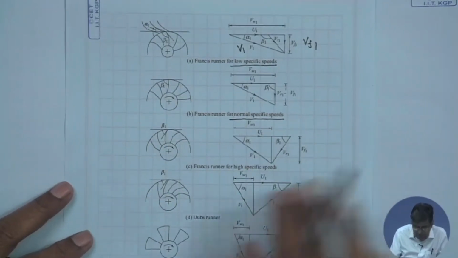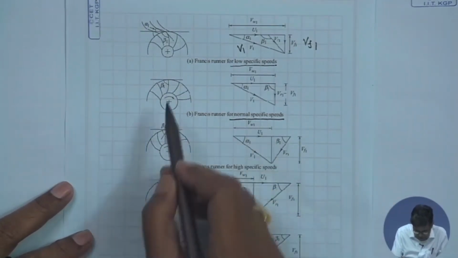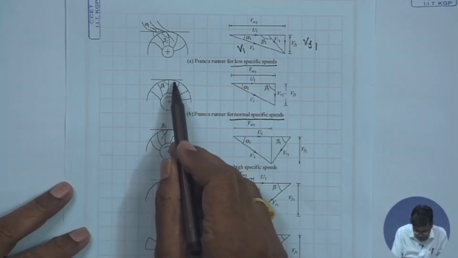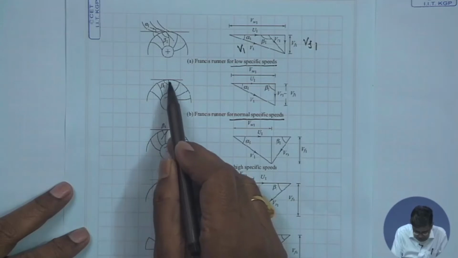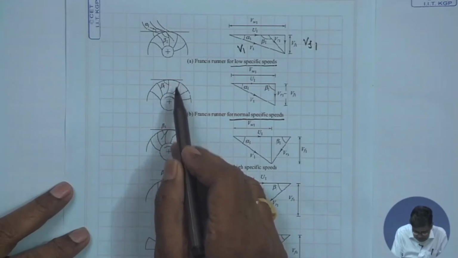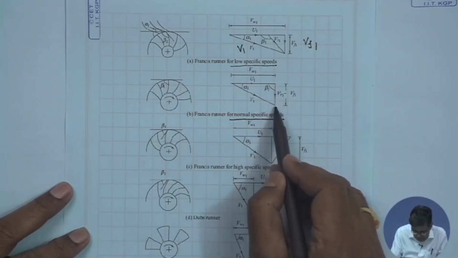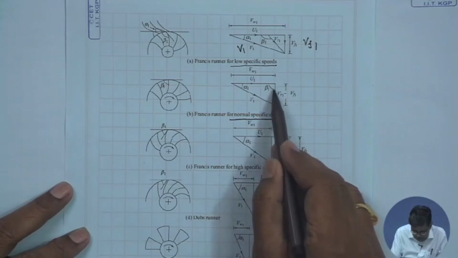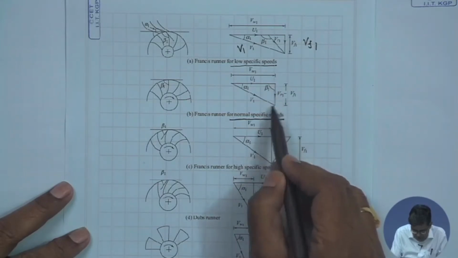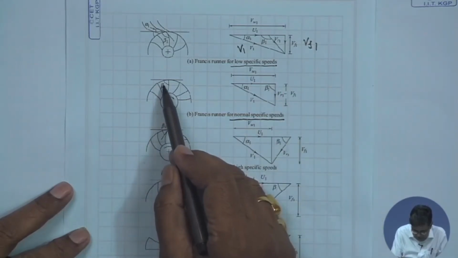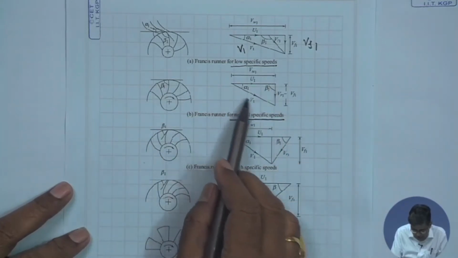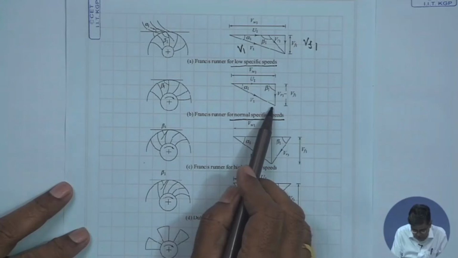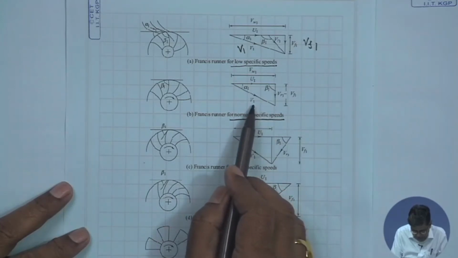So, as I have told, when the head available is reduced, that demands relatively more flow through the runner. So, the runner blade is designed in such a way that at the inlet the flow velocity, that means the radial component of velocity, which is responsible for the mass flow rate at the inlet section, is increased, while the absolute velocity of the fluid at the inlet is reduced.